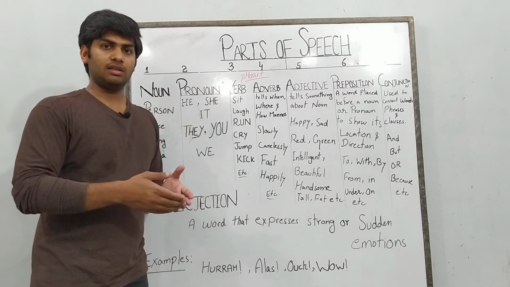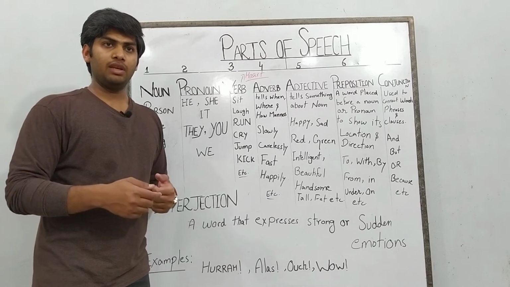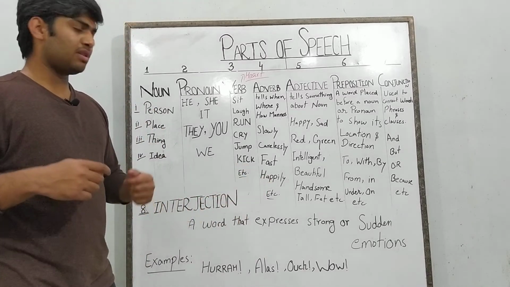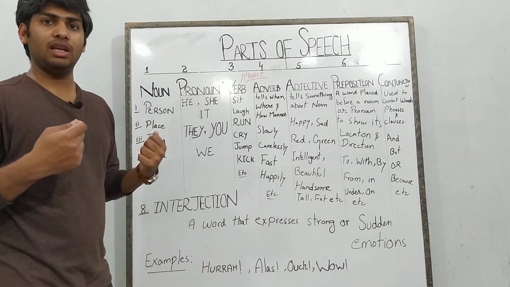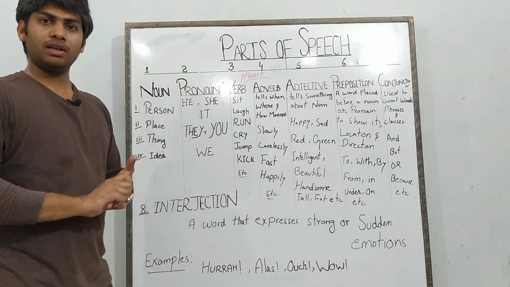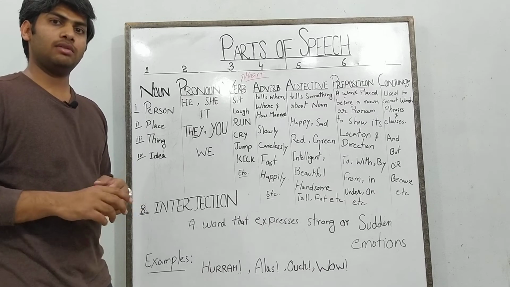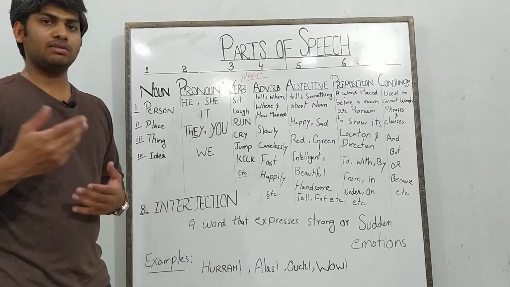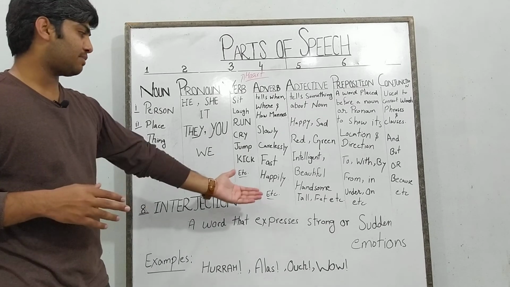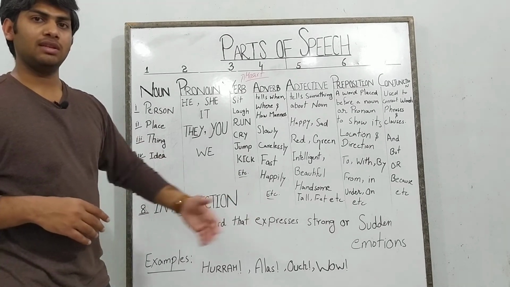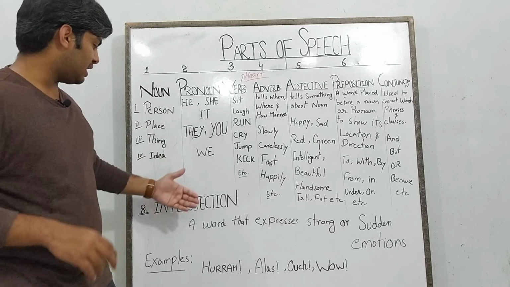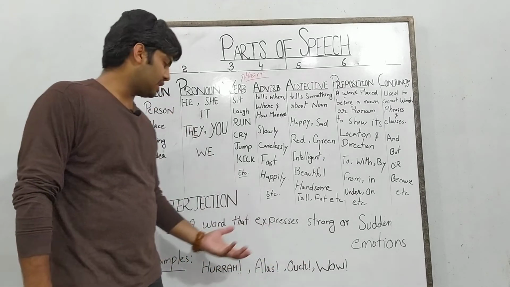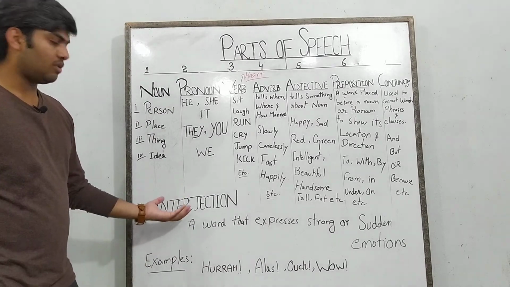The person sitting on the chair suddenly expresses his strong feeling: hurrah, Pakistan has won the match, or wow, Pakistan has won the match. So these show sudden expressions or emotions. Examples are hurrah, alas, ouch, or wow. These are examples of interjection.